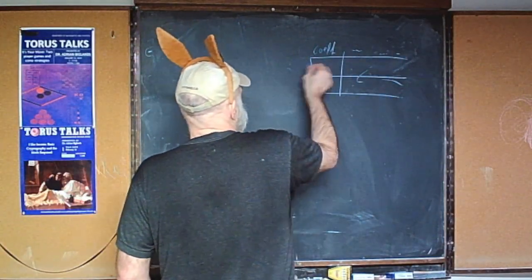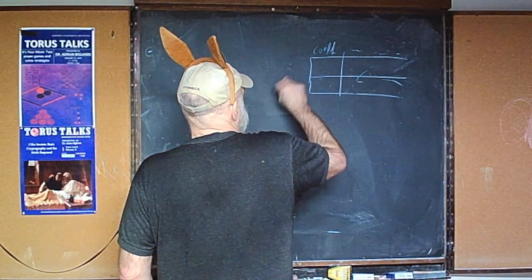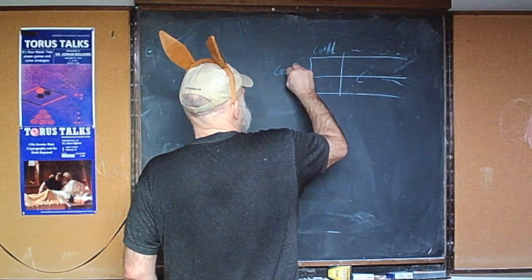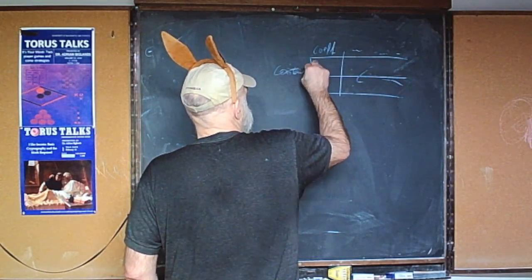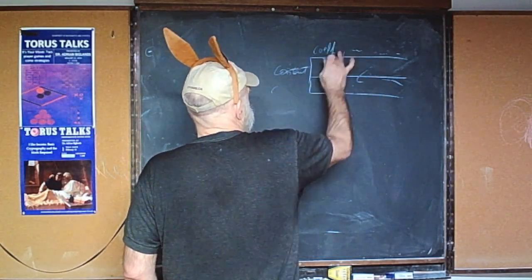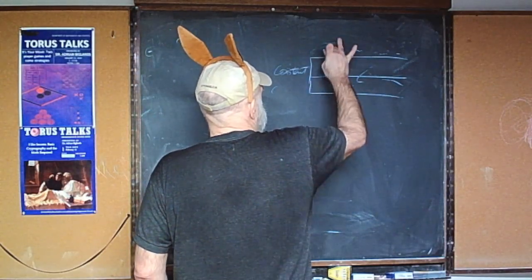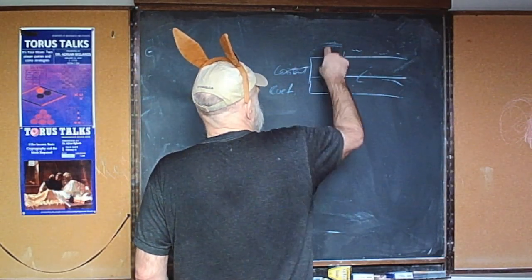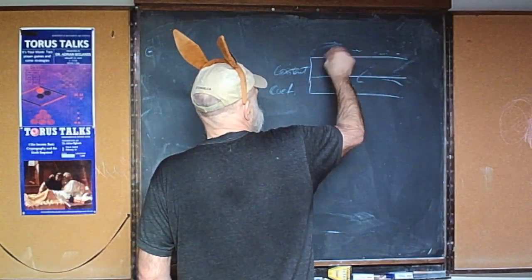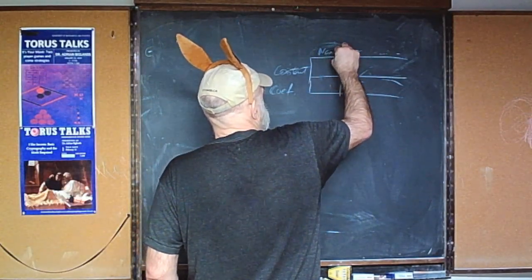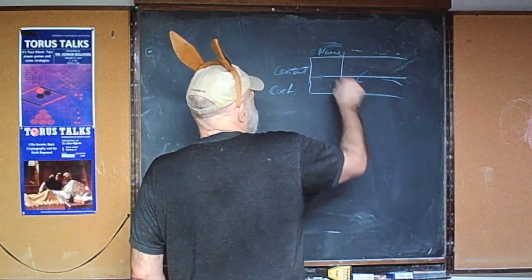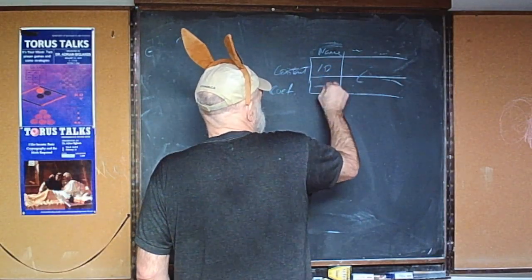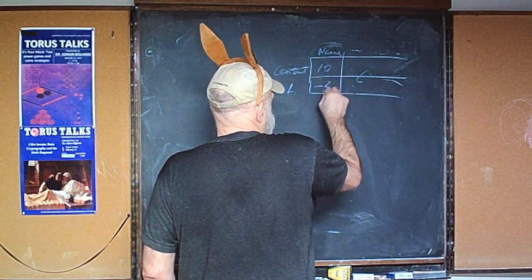This row is labeled constant, and this is labeled coefficient. So this might be 10, and this will be negative, say, 3.